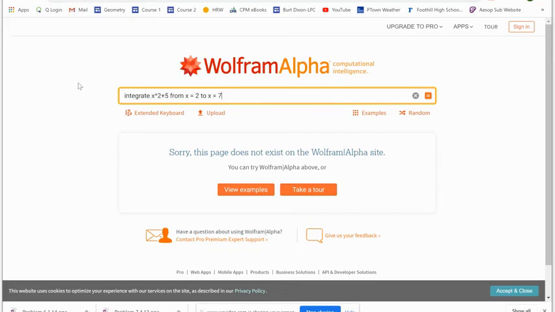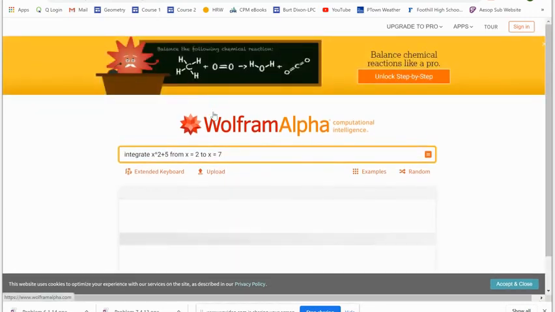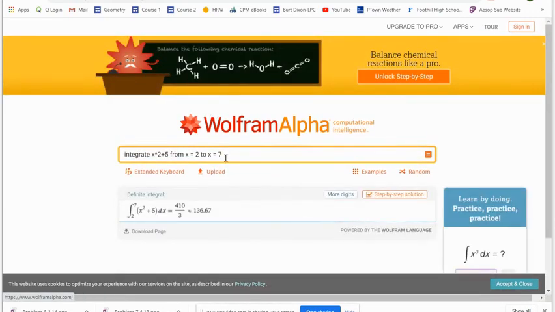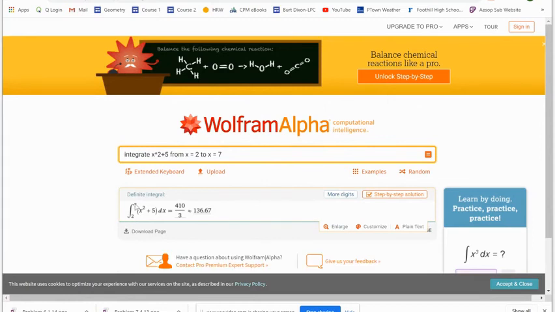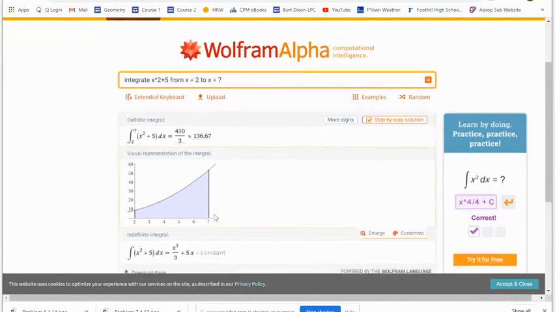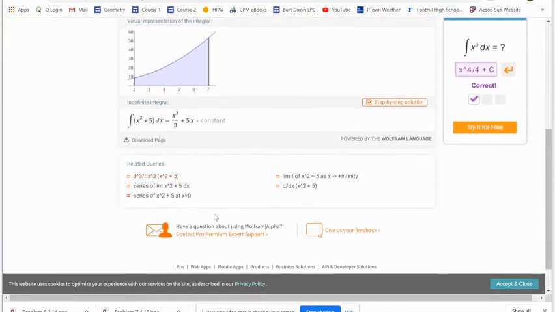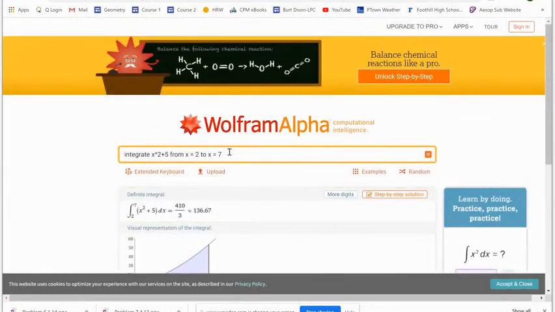So you can just type freely in, using the English language, and it'll interpret what you said. And so there it is. There's an integral from 2 to 7 of x squared plus 5. And it gives me an answer and gives me some graphs to go along with it, and so on. So very useful.